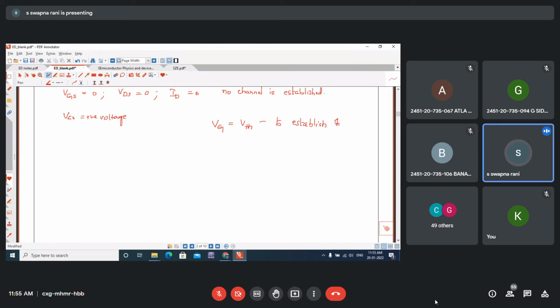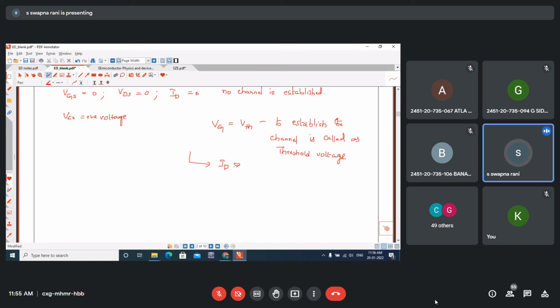So in the E MOSFET, the enhancement MOSFET, as soon as you give some positive voltage on the gate, drain current will not exist.